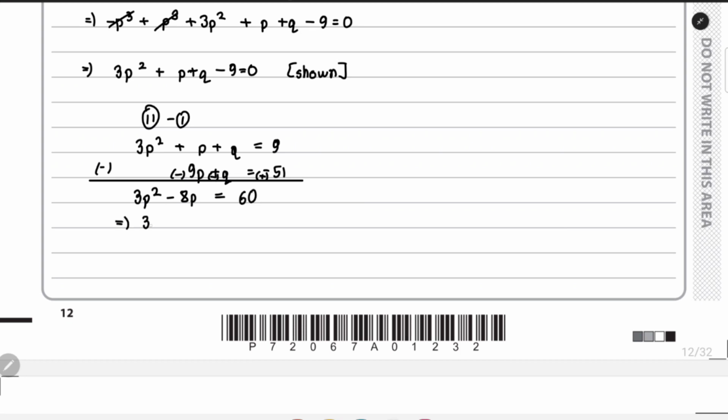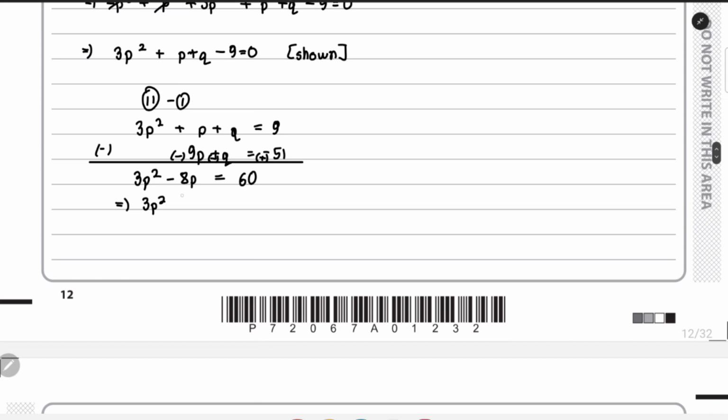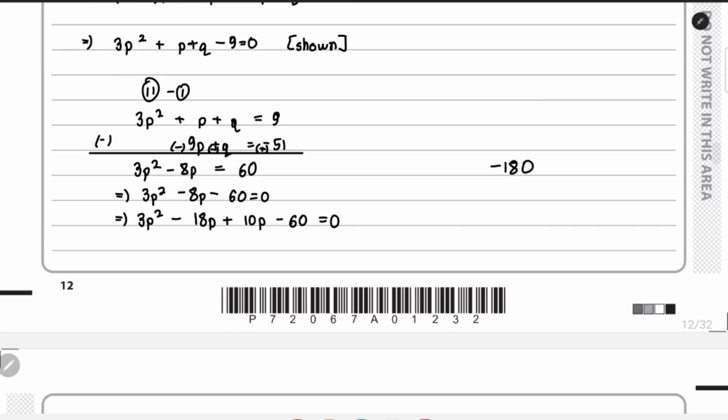So 3p square minus 8p minus 60 equal to 0. We have 3p square minus 18p plus 10p minus 60 equal to 0.